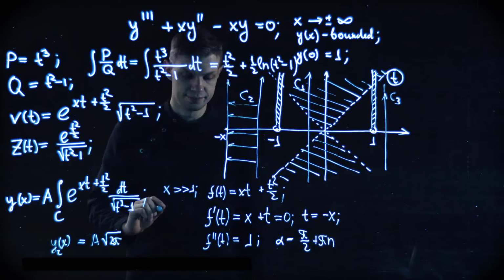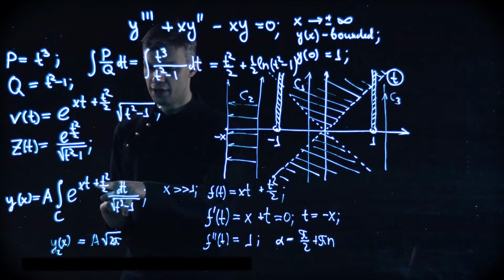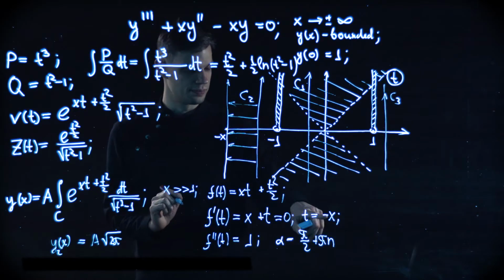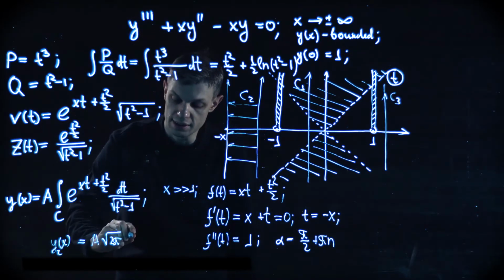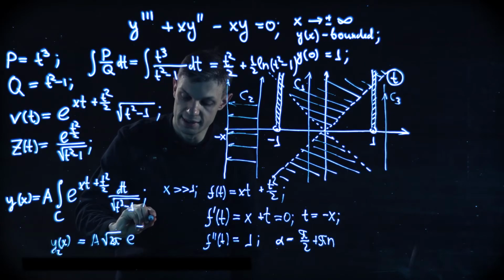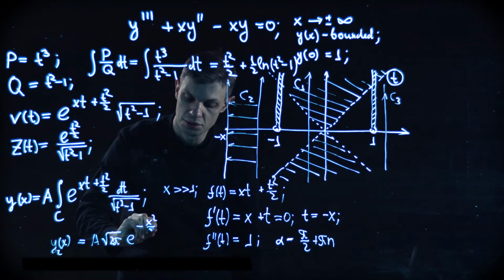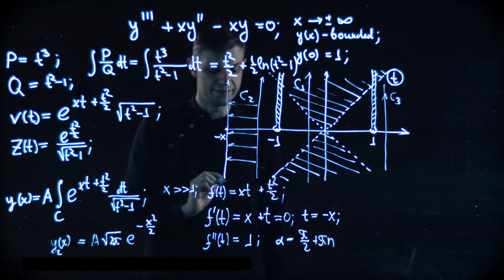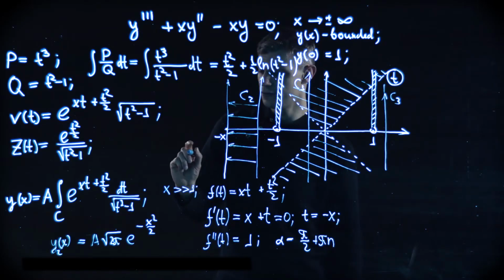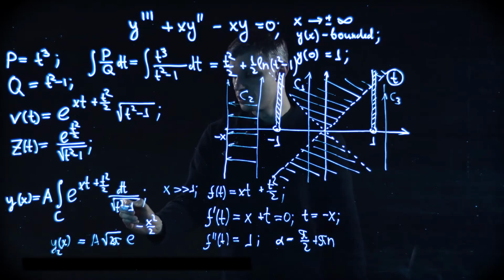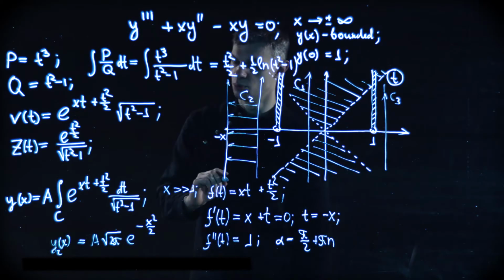And then now we need to find the value of our exponential function, and t is equal to negative x. So it's minus x squared plus x squared over 2. So it's e to the minus x squared over 2, right? And finally, we need to figure out what the value of our multivalued function is, square root of t squared minus 1.